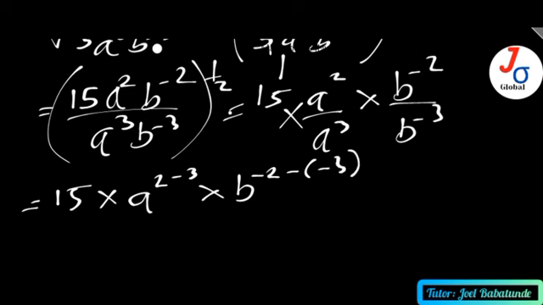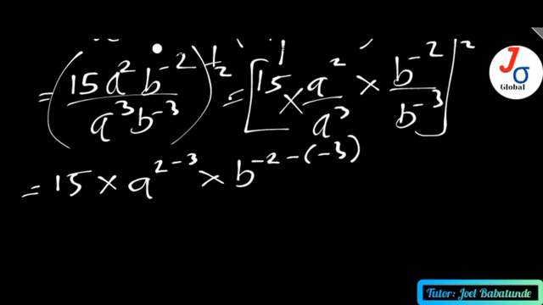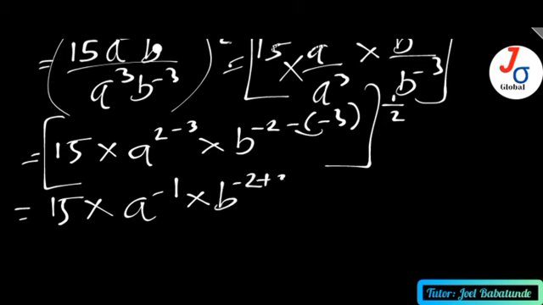Then remember that we have all of this raised to the power of half as well. So we have 15 multiplied by a to the power of minus 1, multiplied by b to the power of minus 2 plus, minus times minus is plus, 3, all raised to the power of half.